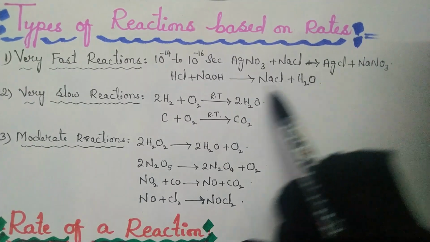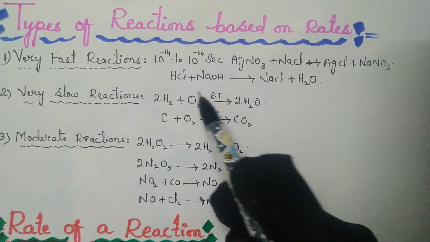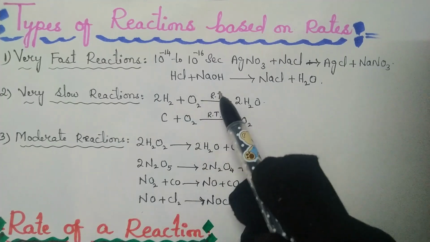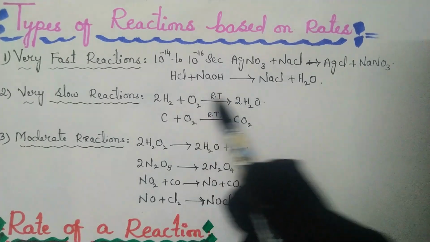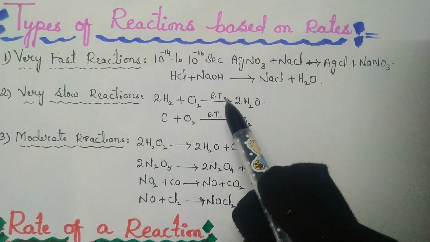The second example is neutralization of an acid with a base when their aqueous solutions are mixed. When we react an acid with a base, we get salt and water. This type of reaction is known as a neutralization reaction.